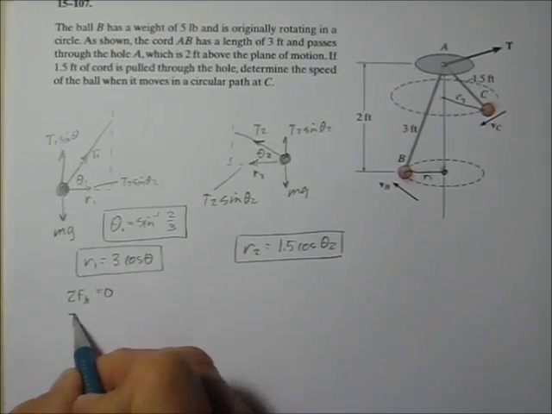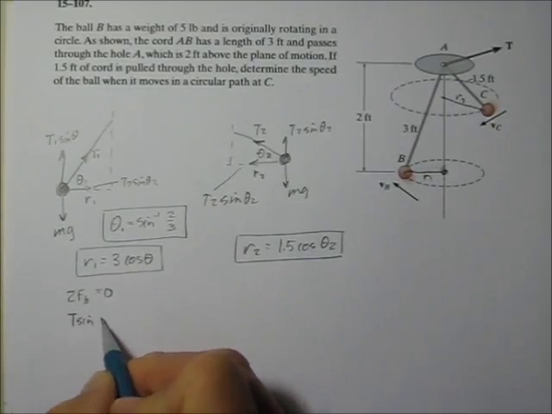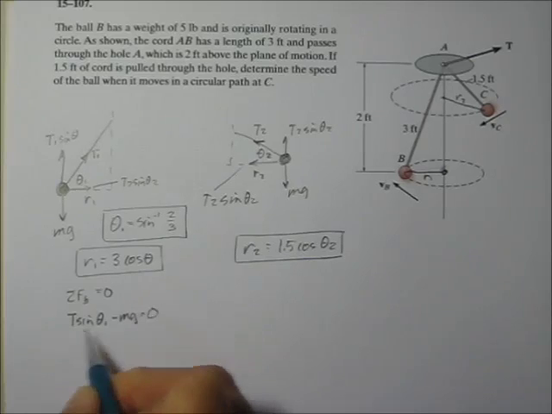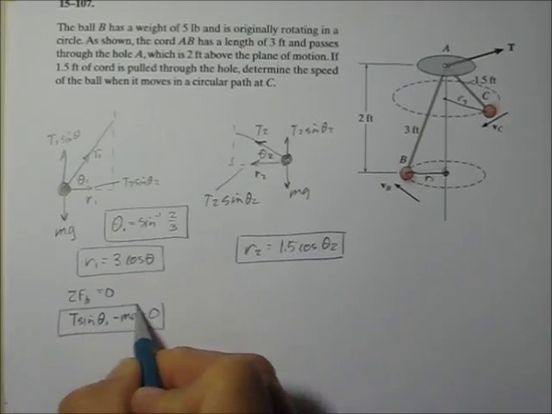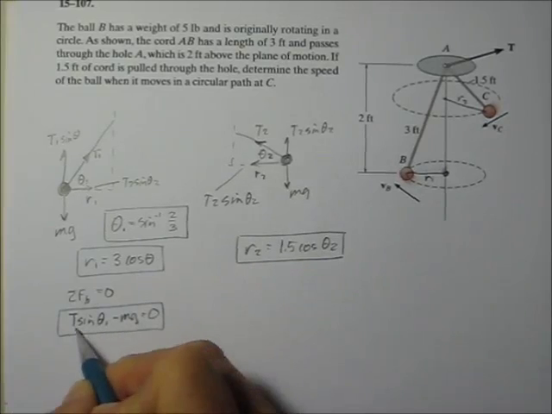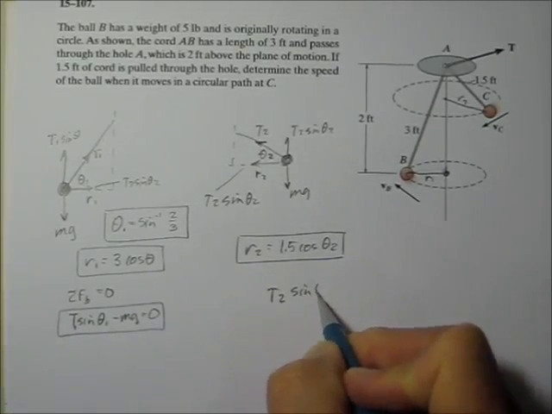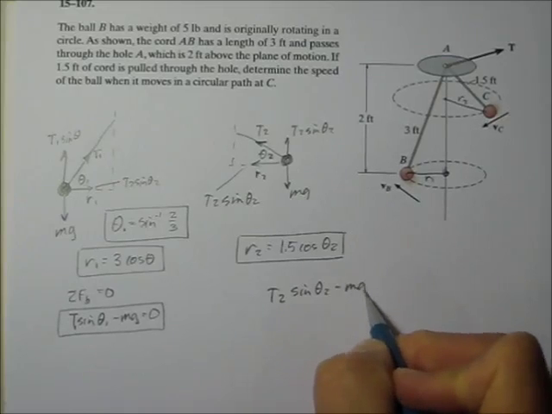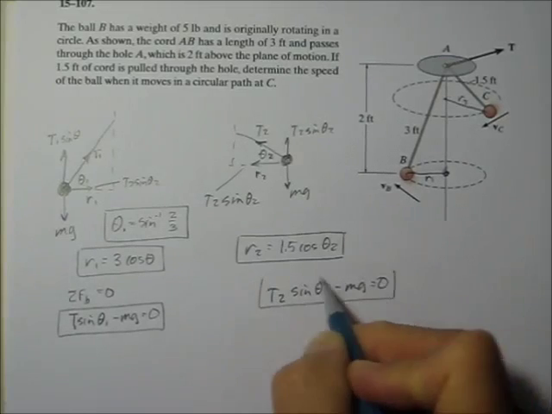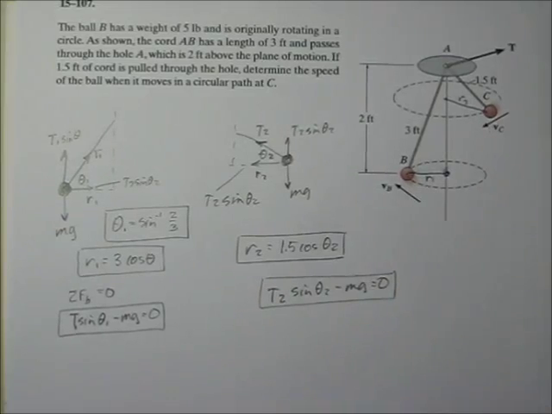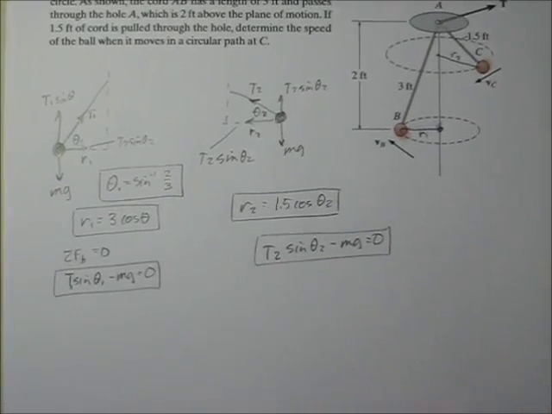So I have T1 sine of theta 1 minus mg equals 0. So there's one equation. Same thing over here: T2 sine theta 2 minus mg equals 0. That's condition 2.